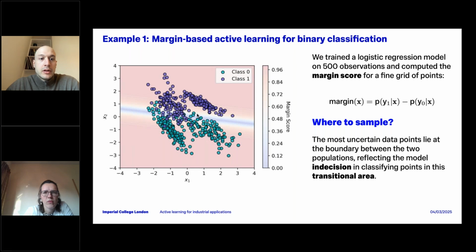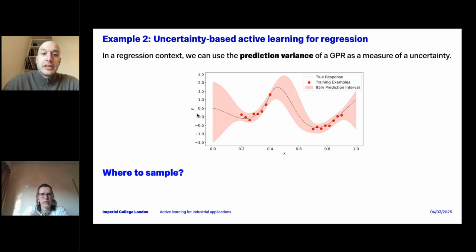Another example is the case of a regression model. In this case, we may use a Gaussian process regression. This is just a simple example. We assume that the training examples are the dots, and we are trying to learn the function which is dashed.